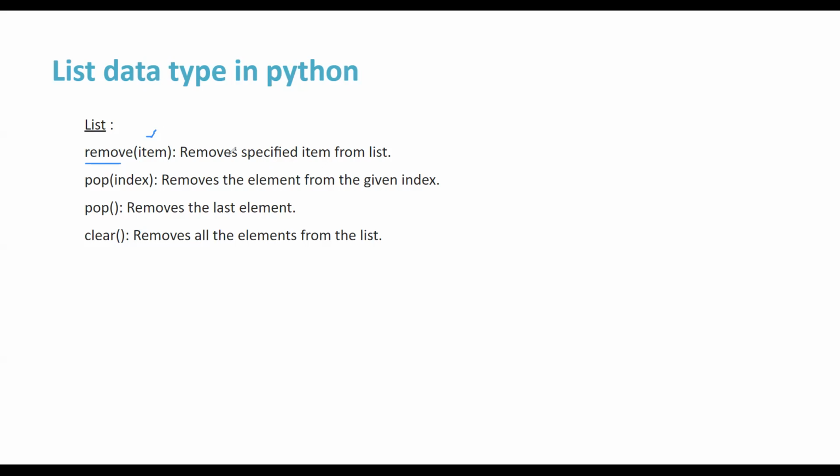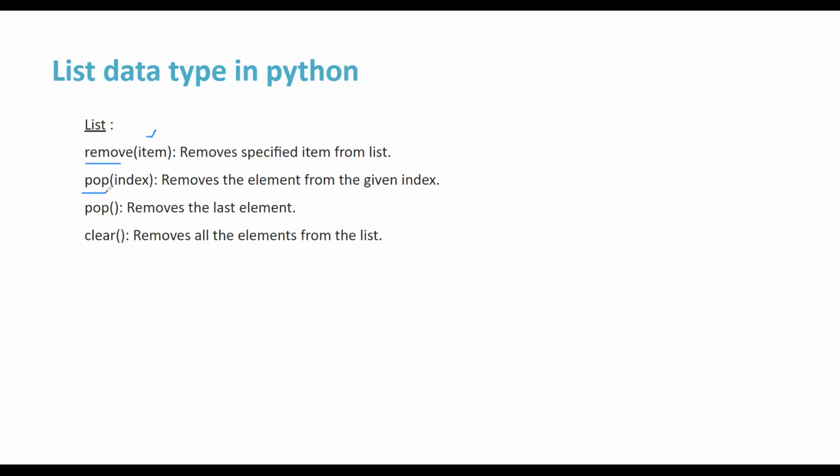Similarly, if you want to remove an item making use of an indexing mechanism, we normally go with the pop function.